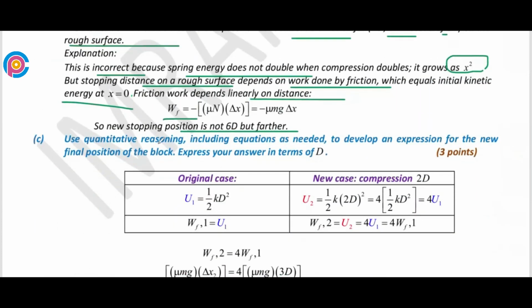Okay. Part C: use quantitative reasoning, including equations as needed, to develop the expression for the new final position of the block. The original case has the energy 1/2 k d squared. For the new energy U2, as we have seen in the previous case, initially the work done by friction is equal to U1.